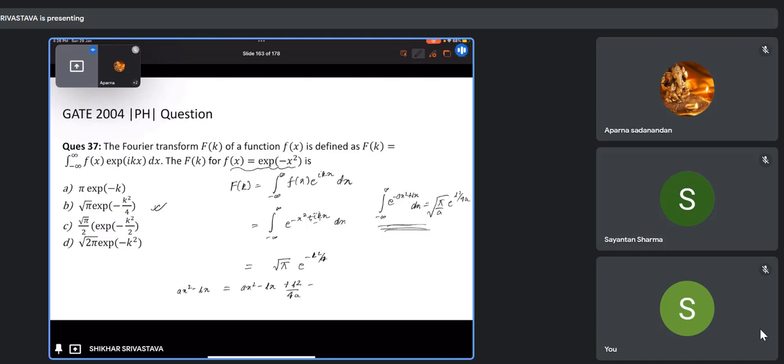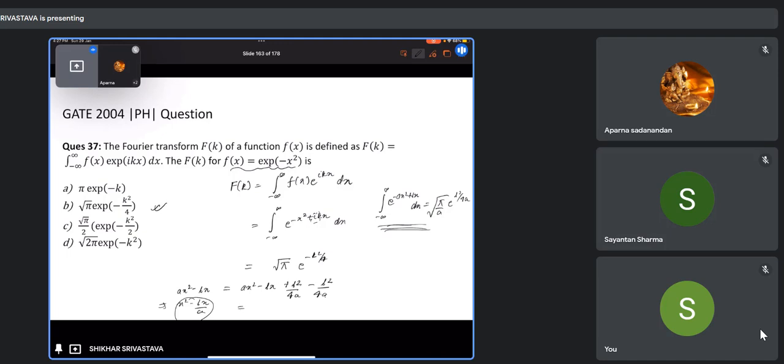I'm just trying to convert it into a perfect square, just taking half of the coefficient of x, squaring it, and then adding and subtracting it. So half of b is b by 2, so b square by 4a.